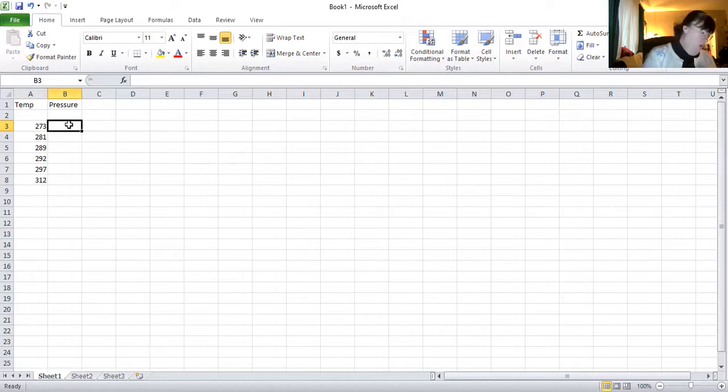So I am going to also invent some numbers here for doing this. We're going to say that maybe pressure is 405, and this is in millimeters mercury.